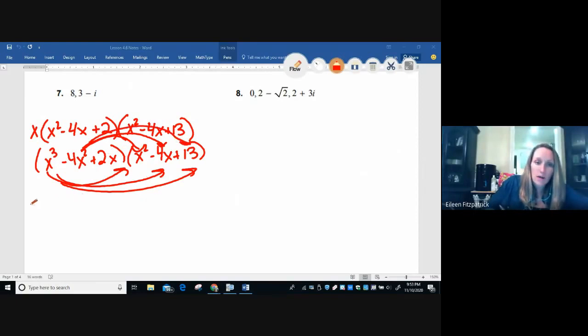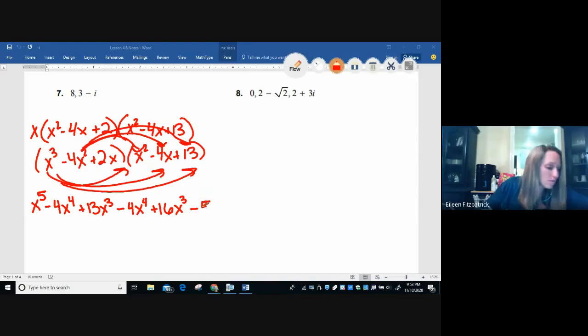Okay, so I'm going to have x to the 5th minus 4x to the 4th plus 13x cubed. Now move on to the -4x squared being distributed: -4x to the 4th plus 16x cubed minus, what would that be? 20, so I can't do math in my head tonight. 52, is that right, guys?